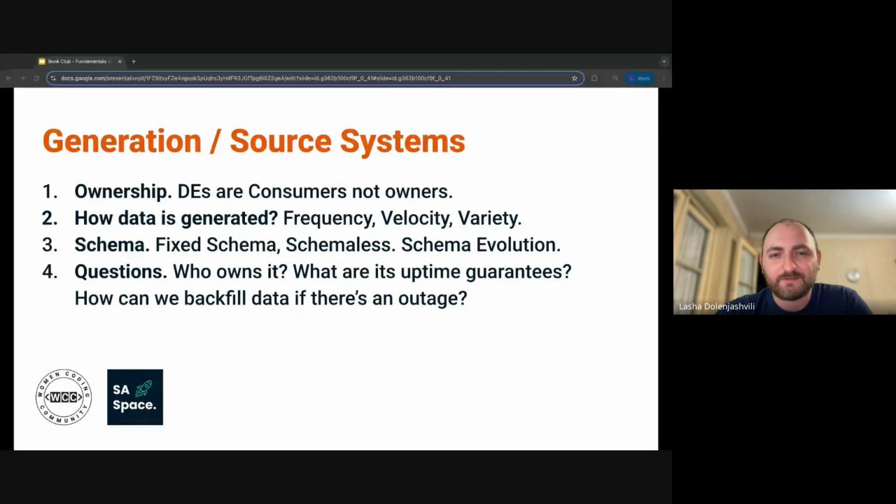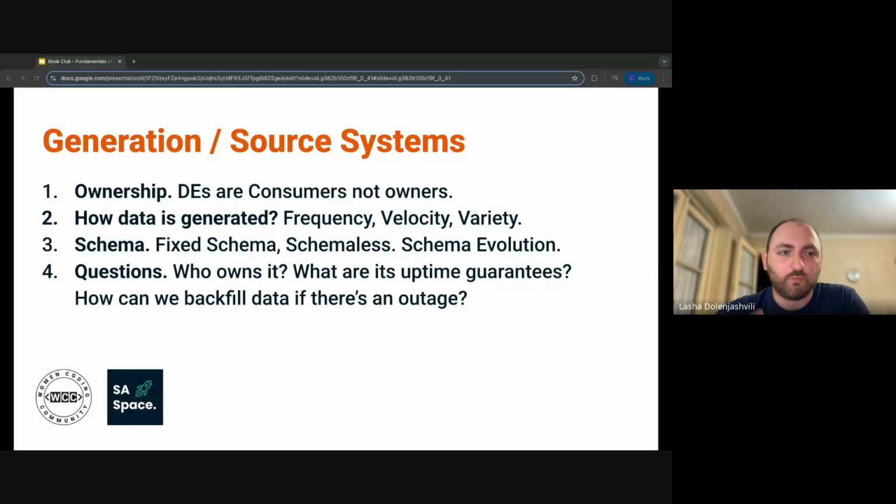Another concept when dealing with source systems is schema. We might have fixed-schema sources, like traditional databases, where we know that a specific table has a predefined structure.